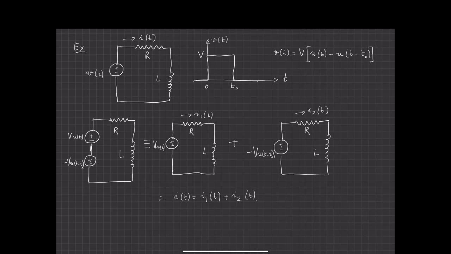Okay. Now, we know the solutions. We know the solution for I1 of t, and we know the solution for I2 of t because I worked them out for you in the previous lecture. So let's just use this information that we have. Let me go on to the next page.